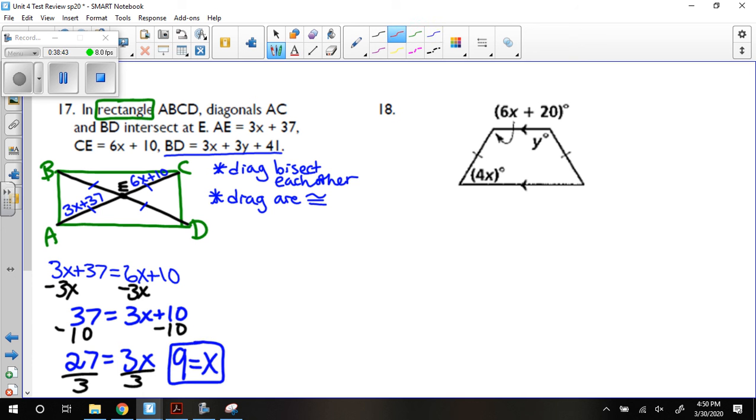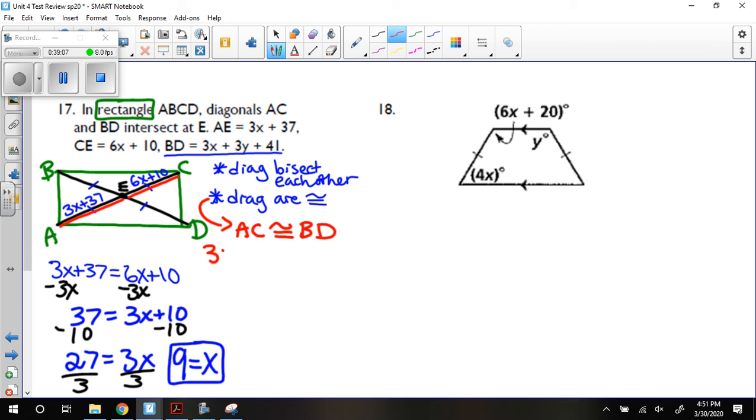Okay, for the fact that my diagonals are congruent to each other, I know that from A to C is going to be congruent to B to D. Now my A to C is going to be these two pieces added up, right?